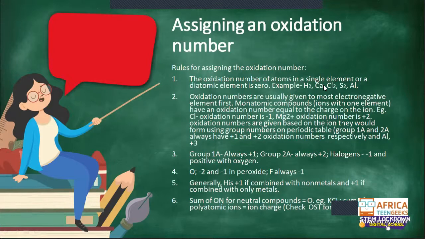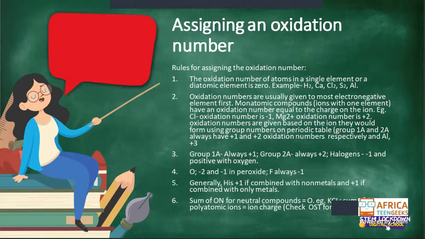All of those will give you an oxidation number of zero. So the diatomic elements and the single elements will give you an oxidation number of zero. And then number two is that oxidation numbers are usually given to the most electronegative element first.